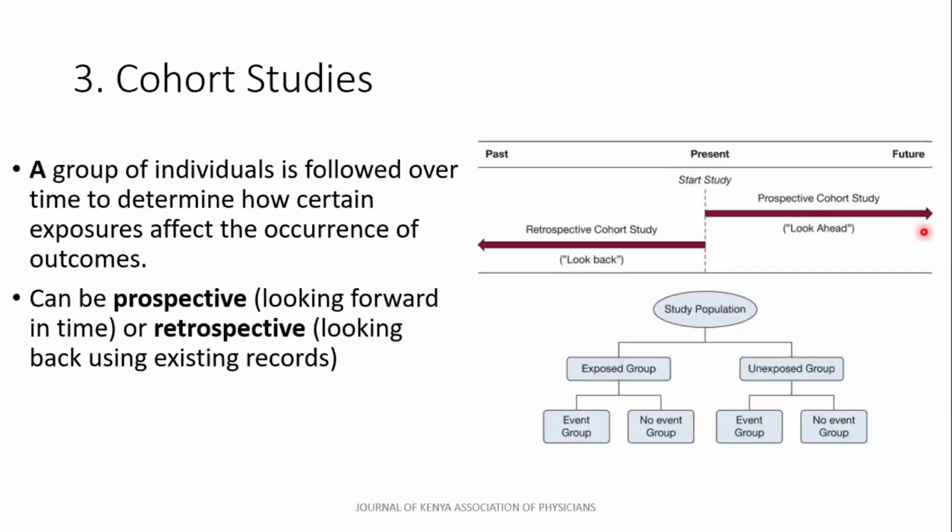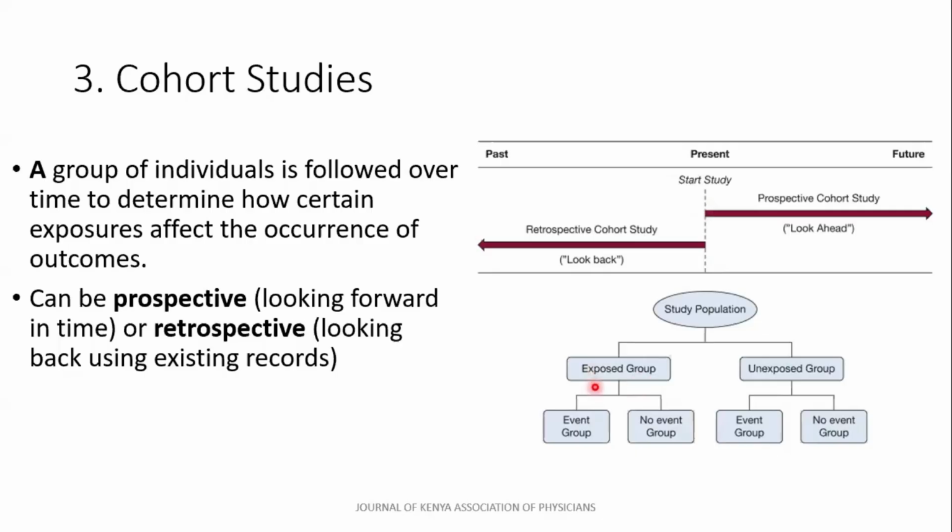So in case control studies, we were looking at an outcome of interest and then following patients backward to see what exposures might have predisposed them to getting the outcome of interest. In cohort studies, however, we have an exposure of interest. So we start a study having identified a certain exposure. So we then divide the study population or stratify it based on the exposure.